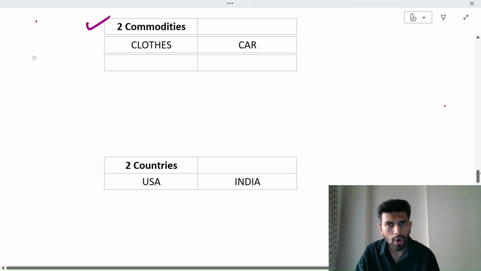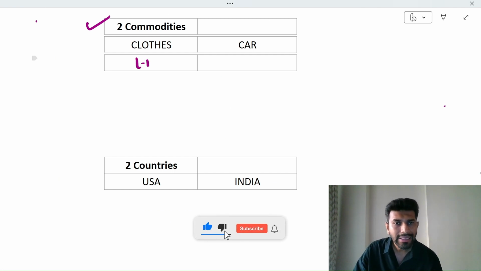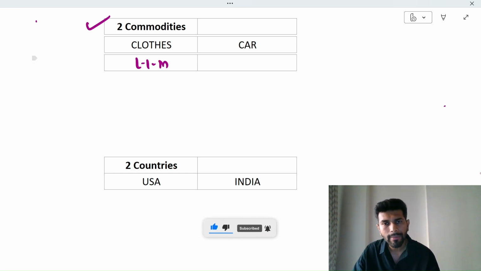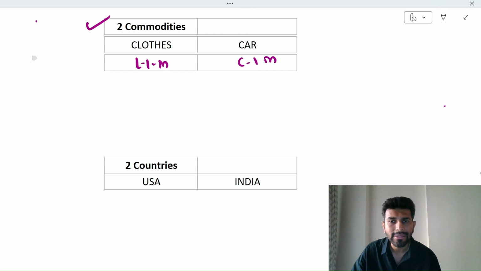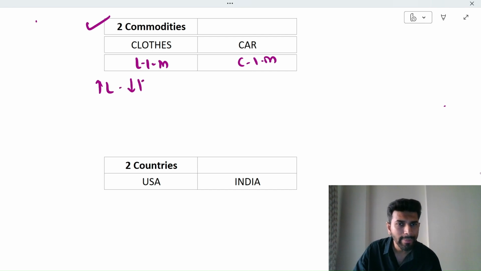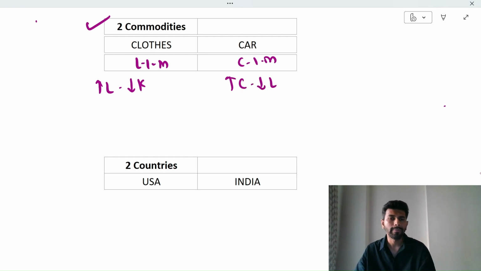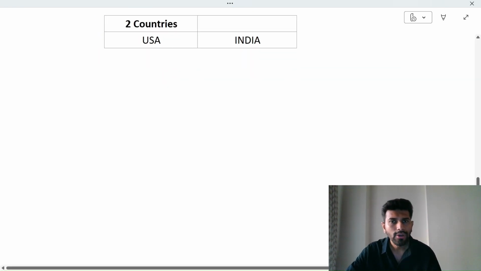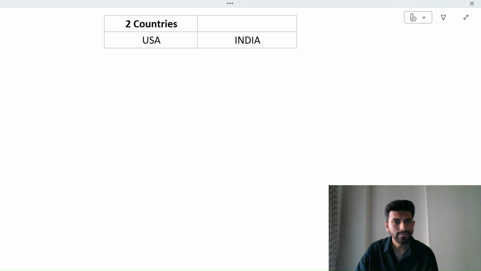Example, there are two commodities, clothes and cars. Clothes can be manufactured by labor intensive method and cars can be manufactured by capital intensive method. So, clothes require more labor and less capital, whereas cars require more capital and less labor. And there are two countries, USA and India.